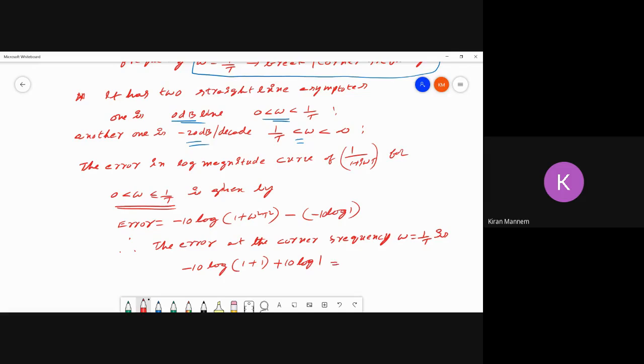Can someone calculate this value? Minus 10 log of 2 plus 10 log 1.